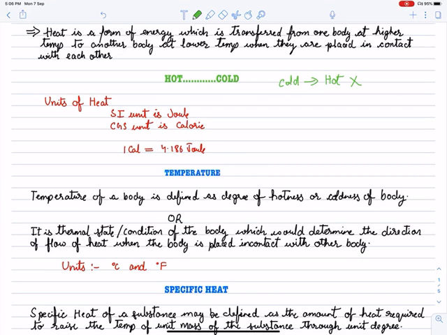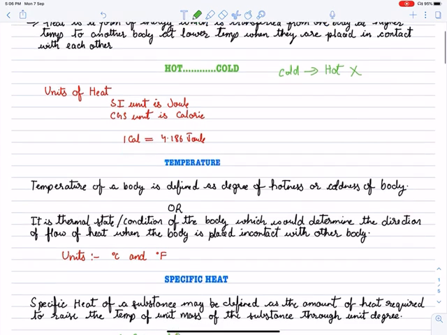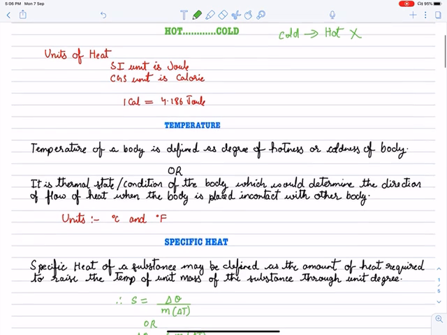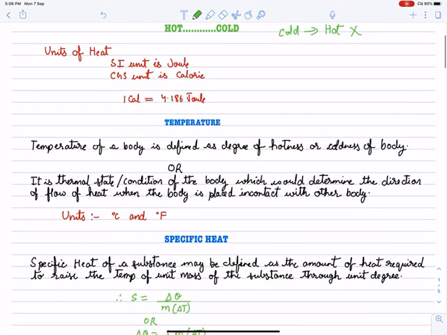A more proper definition is that temperature is the thermal state condition of a body which determines the direction of flow of heat when the bodies are placed in contact with each other. For example, there are three bodies, body 1, body 2, body 3.